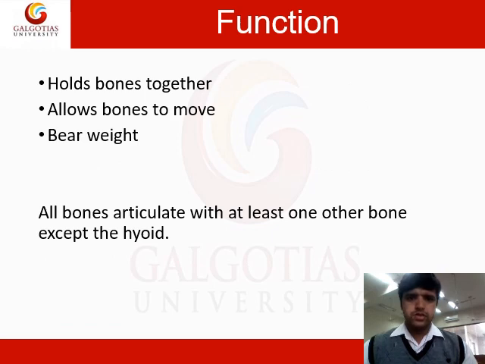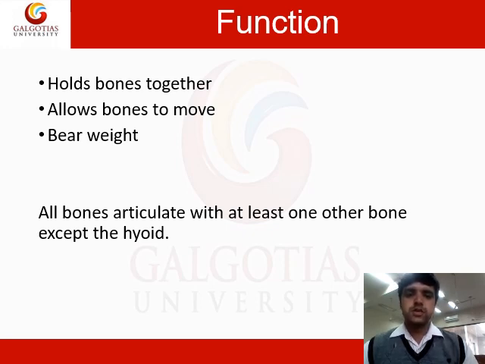Now we are going to discuss the function of the joints. Basically the joints have three functions within a human body. First, it holds the bones together, and next, it allows the bones to move. Whatever movement is possible is only possible because the bones provide the framework, so that with the attachment of muscles our body is able to move.